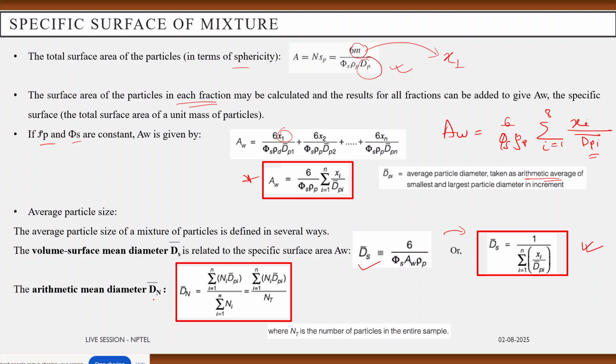The arithmetic mean diameter is also in a simpler form, and with this particular definition of average particle size you can calculate the average particle size of the mixture. This is known as the arithmetic mean diameter.